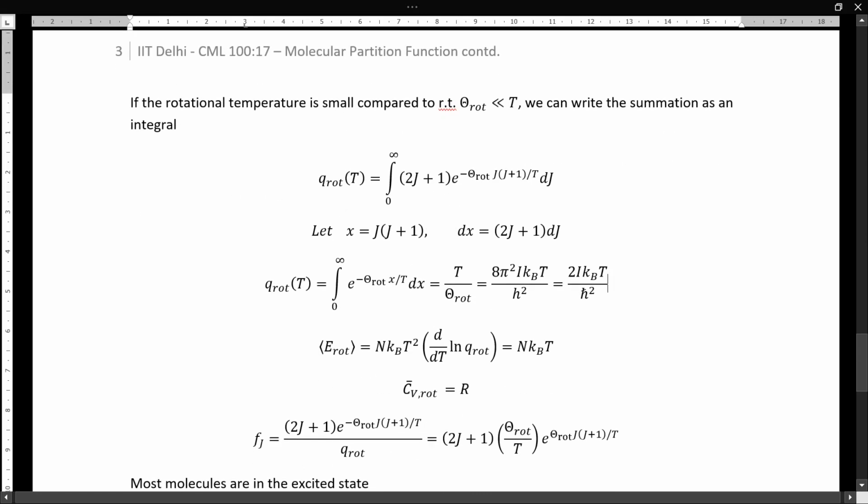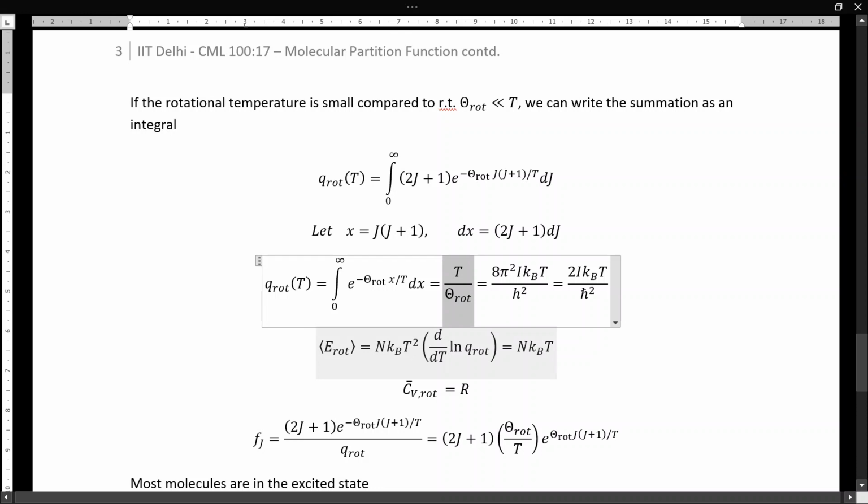Then of course I can use this Q rotational to get the rotational energy for the entire ensemble. For the collection of molecules, you see I have the capital N over here, so it tells me it's a collection of molecules, and I'm using the molecular partition function. So that is T by theta.